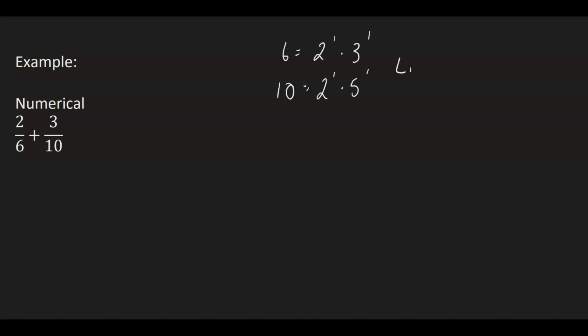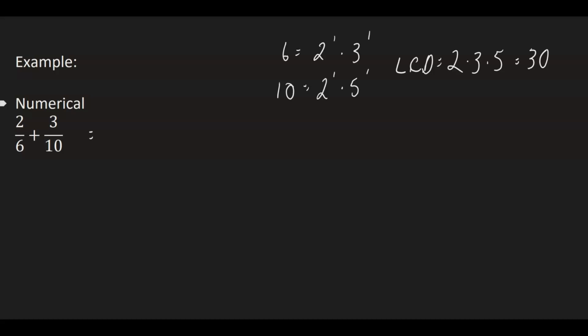So the lowest common denominator is equal to 2 to the 1 times 3 to the 1 times 5 to the 1, which is actually 30. Notice that that is not 60. 60 is a common denominator, but it is not the lowest common denominator. So we will use 30 as our lowest common denominator.